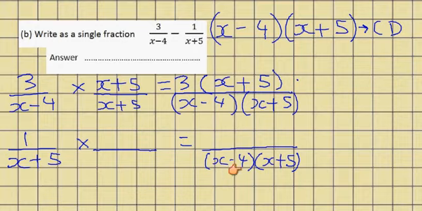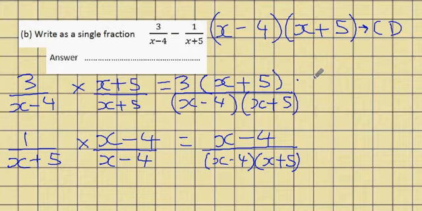We need to multiply it by x minus 4. So we're multiplying the bottom part of the fraction by x minus 4. So to keep it equal, we have to multiply the top part by x minus 4 as well. 1 times x minus 4, well, we don't need to use brackets for that. It's just going to be x minus 4. Any number times 1 will stay the same.